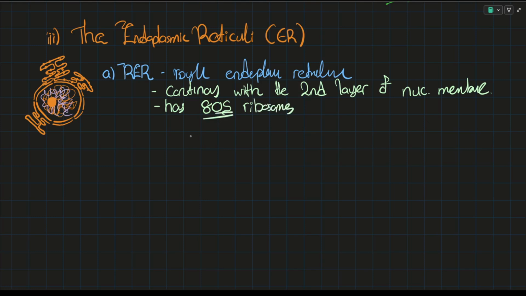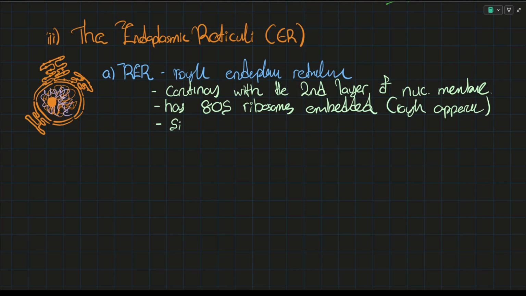What do you mean by that? We'll talk about that as well, but for now all you have to know is it has ribosomes embedded to it, and that is why it has this rough appearance.